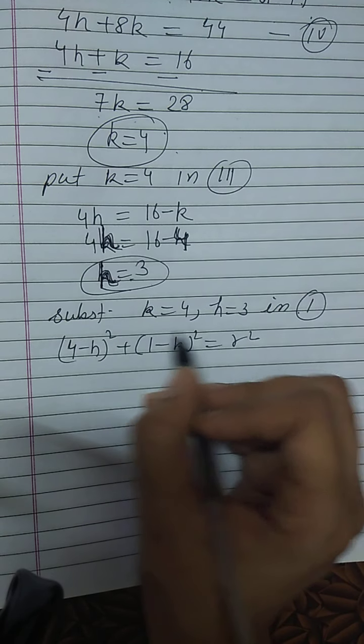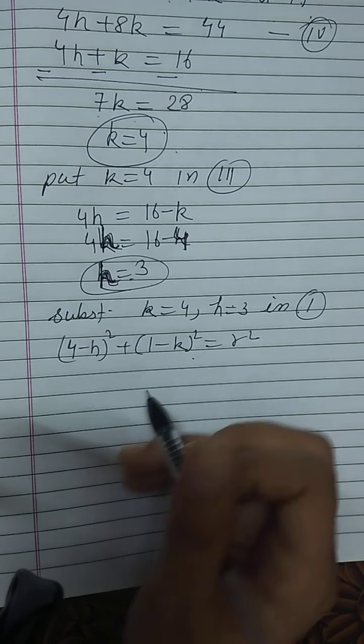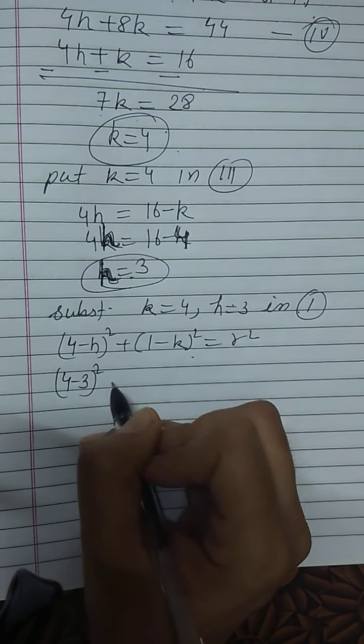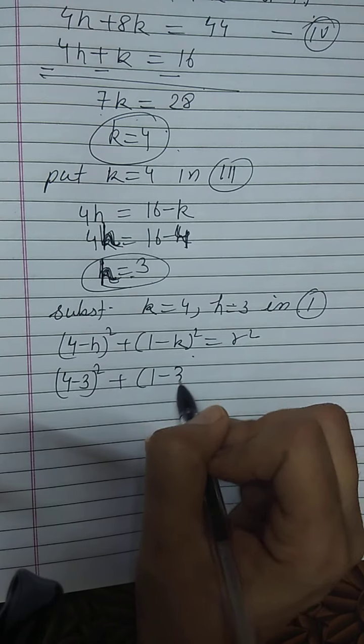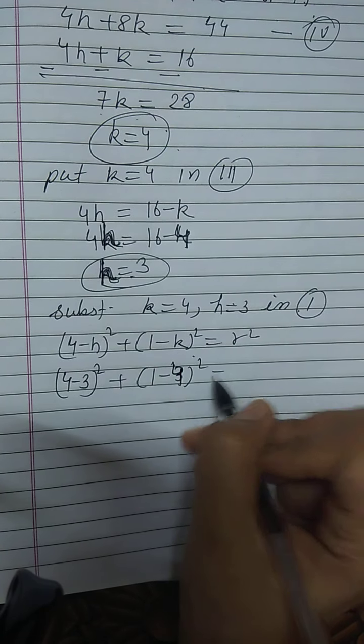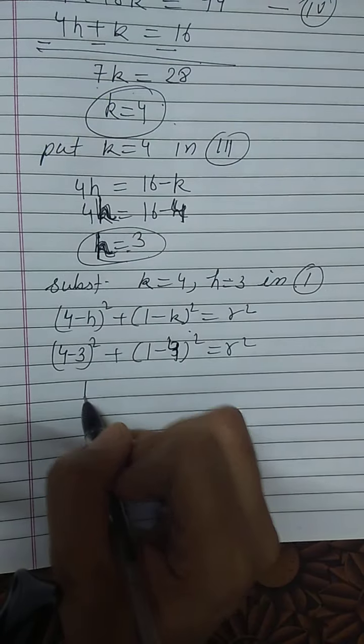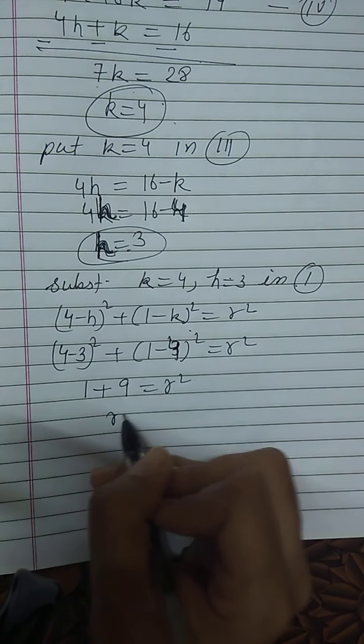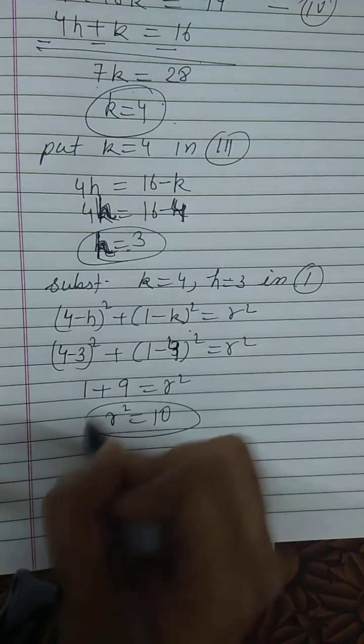Substituting the values of k and h, we get 4 minus 3 square plus 1 minus 4 square is equal to r square. So this is 1 plus 3 square, which is 9, that is r square. So the value of r square is 10.